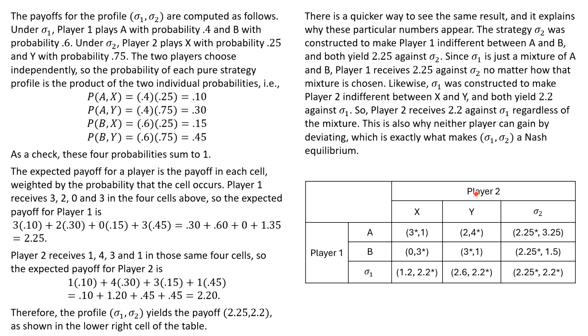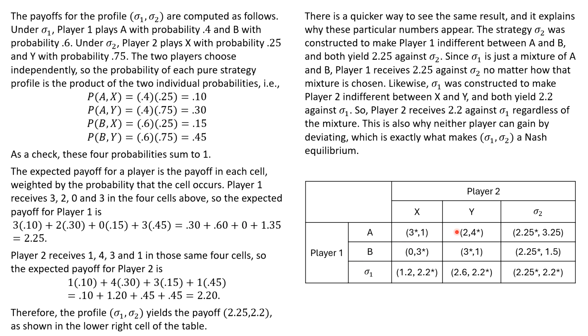And since the players decide independently, we can just multiply the probability of X times the probability that A is going to be selected by player 1, and that's just the 0.4 times 0.25. We get 0.10, and we do the same for the other 3 cells here. And so we have the probability of each one of these strategies being used under the mixed strategies, right?